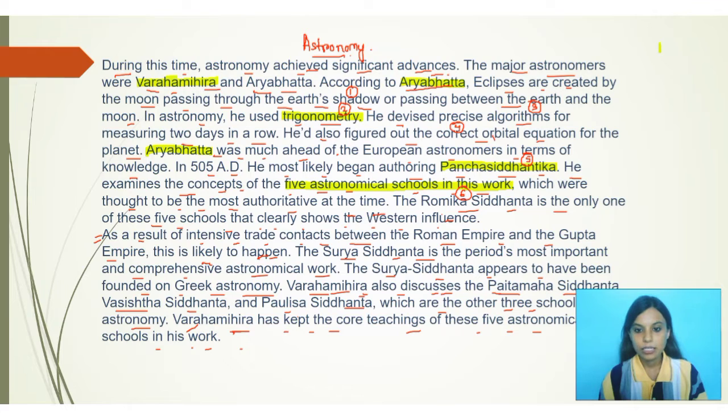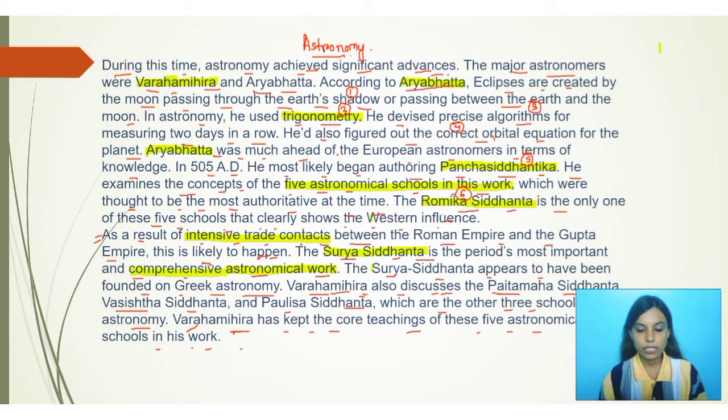Then you can talk about the Romaka Siddhanta, which was one of those five schools that clearly showed Western influence. There were intensive trade contacts which led to many more advancements in the astronomical field. Then you have the Surya Siddhanta. You can talk about that. That's the most comprehensive astronomical work.